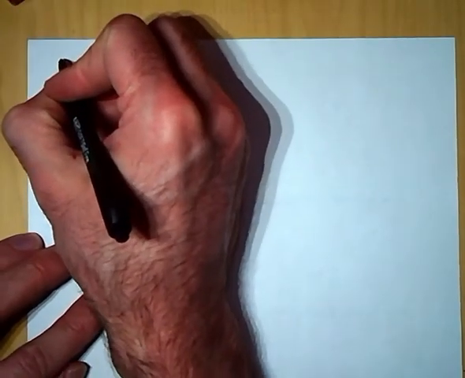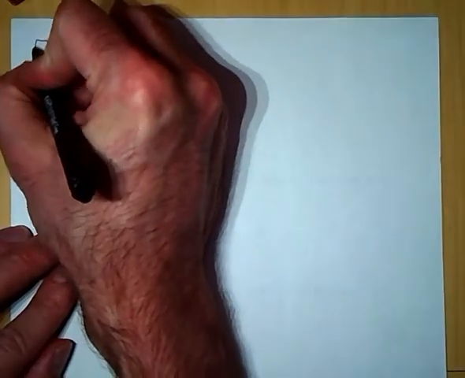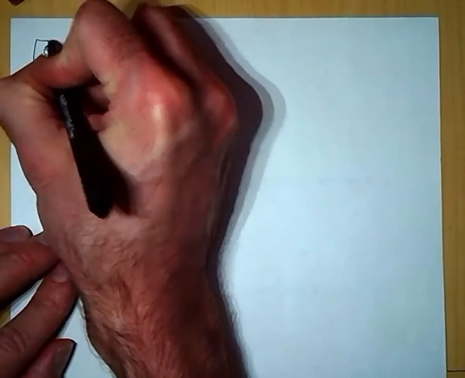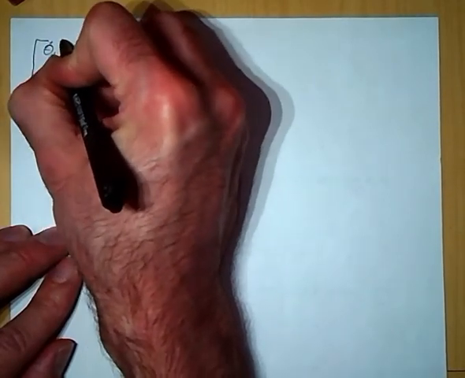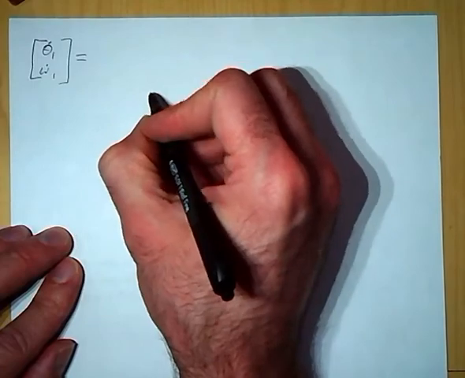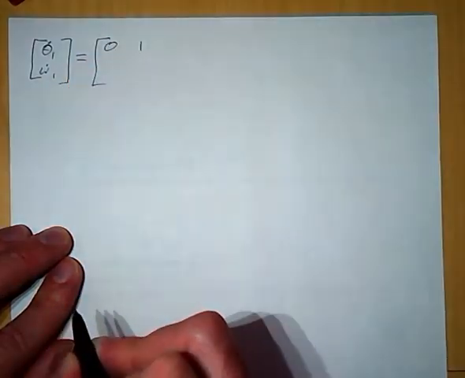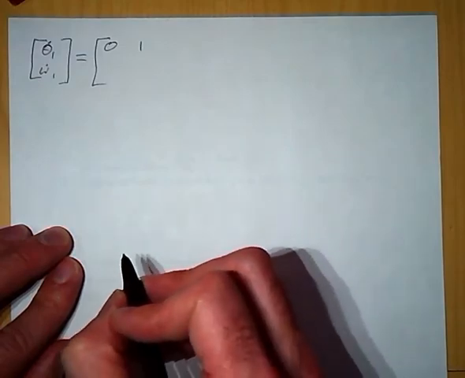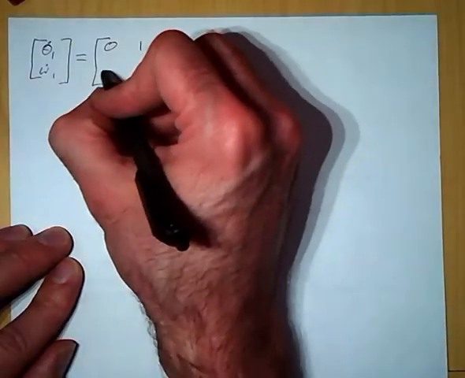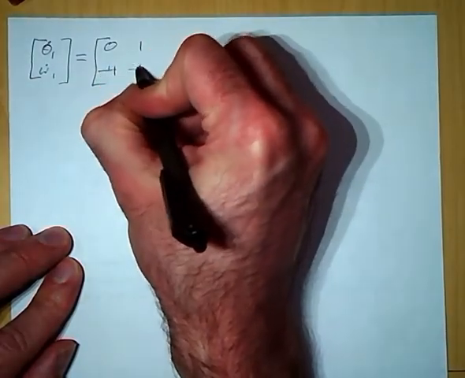So rewriting our state and output equations in matrix form, we get that theta 1 dot and omega 1 dot are equal to our matrix A, which is the first row is 0, 1, and the next row is negative 4, negative 5.